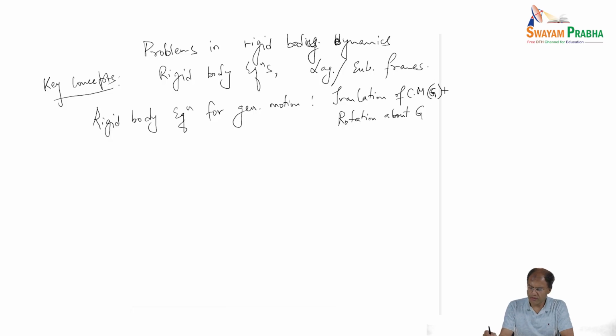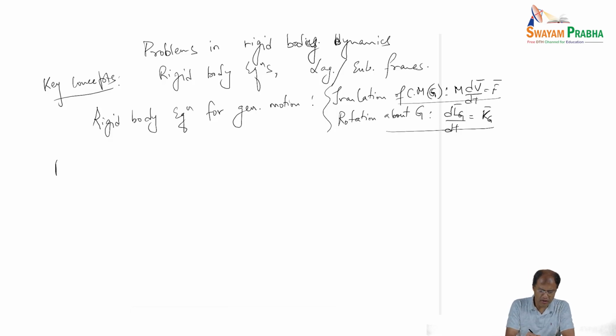Okay, so the first example could be, so these equations are m dv/dt is equal to f, and the second equation is dLg/dt is equal to Kg, right? So these are my equations of motion. First is the translation, the other one is the rotation.